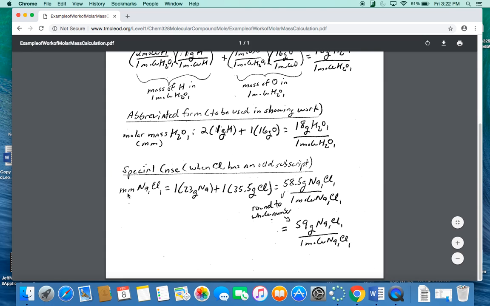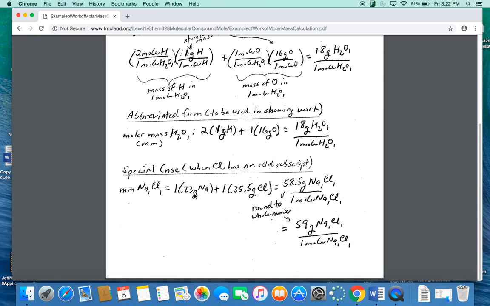For example, sodium chloride, NaCl. So 1 Na times the atomic mass of sodium, 23 grams, plus 1 times the atomic mass of chlorine, which is 35.5 grams. And what you get is 58.5 grams of NaCl per 1 mole of NaCl.